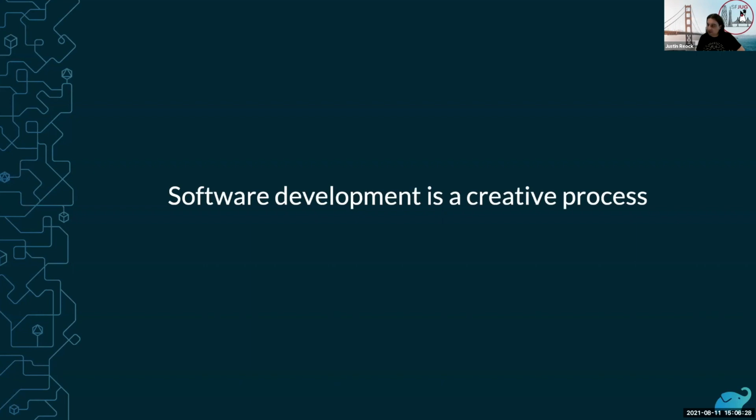But I think it's really important that we don't lose sight of the fact that software development is a creative process. It was always a creative process, from the beginning times that we've all as practitioners started working with code and kind of working with computers. And it is, although a creative process, still a scientific process too.